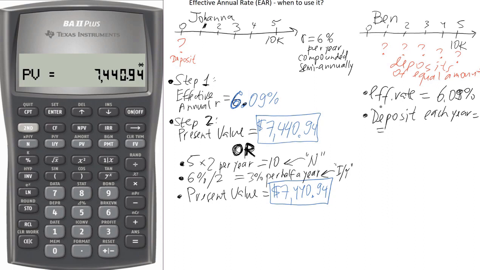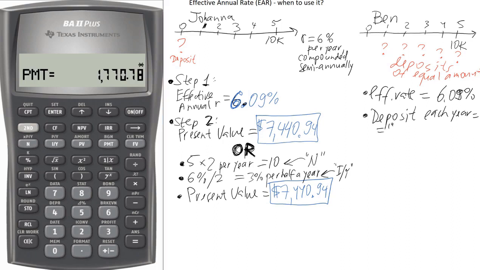So let's do it in the financial calculator. Again, let's start by clearing things. Let me do it again. 10,000 is the future value, this time of an annuity, not of a single cash flow. We have 5 deposits, so I press 5N. The interest rate in between all of them, or every year, is 6.09, the effective rate, IY. And we are computing PMT, right?